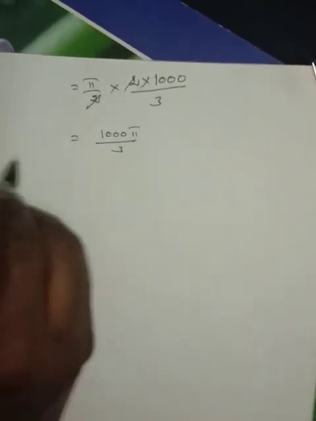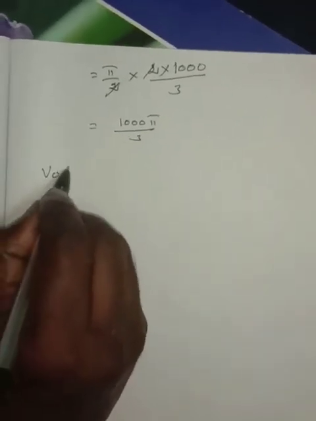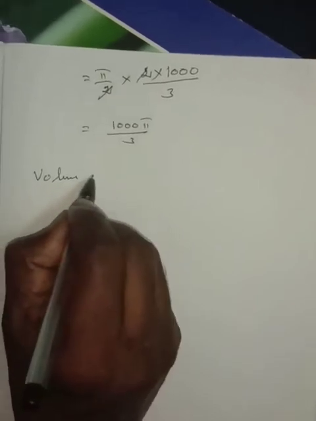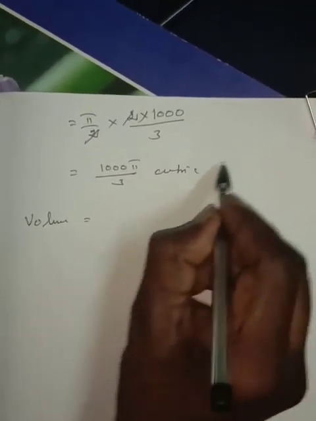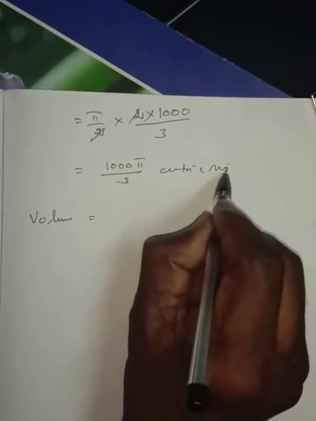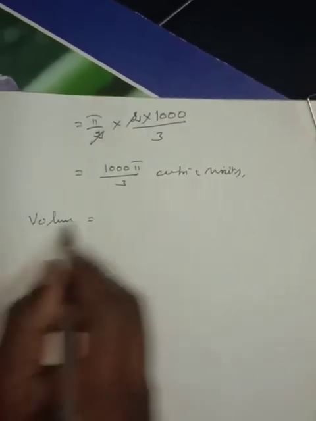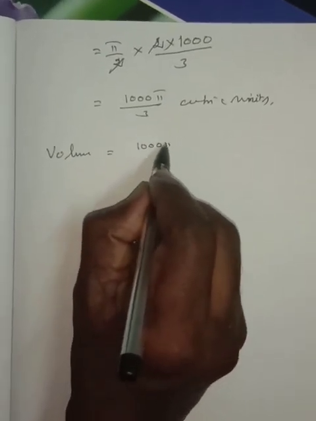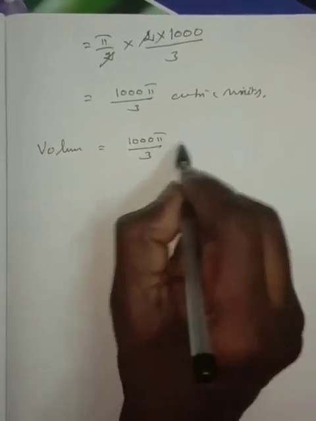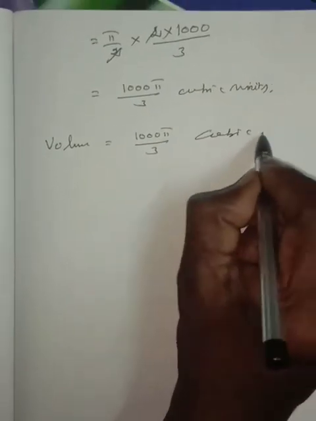Therefore volume V is equal to 1000 pi divided by 3 cubic units.